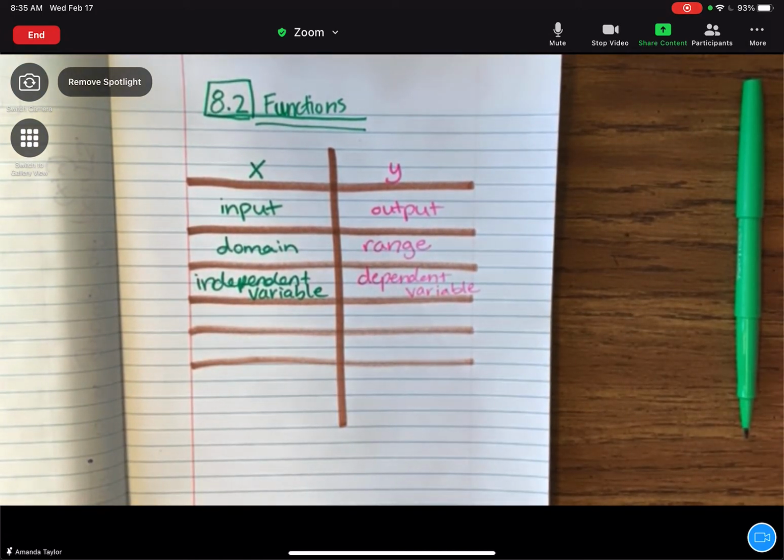So the X value is the independent variable, the given, the first thing. And then the output is the Y value, or the dependent variable, or the range. I had more lines, but I honestly think that's probably all we need for pre-algebra. We don't need to get into super fancy stuff.